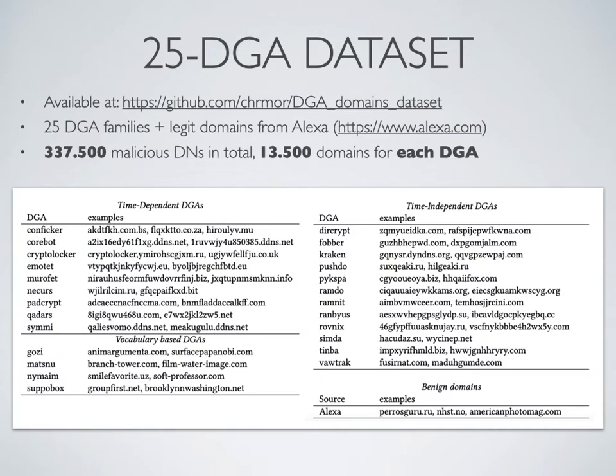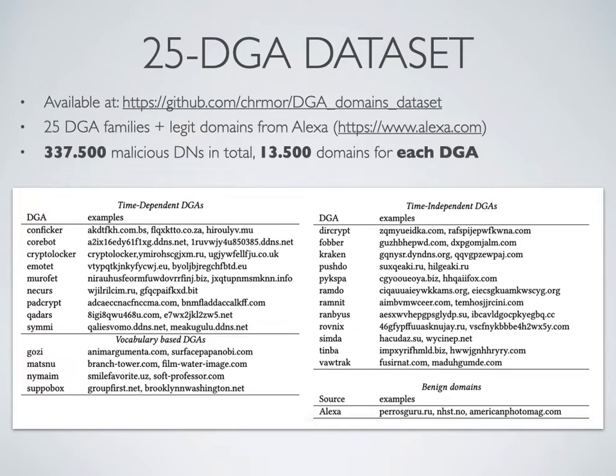To try to answer our questions, we experimented with the 25 DGA dataset, which comprises 25 different DGA families plus genuine domains taken from Alexa. And it includes about 14,000 domains for each DGA. We can say there are different types of DGAs.